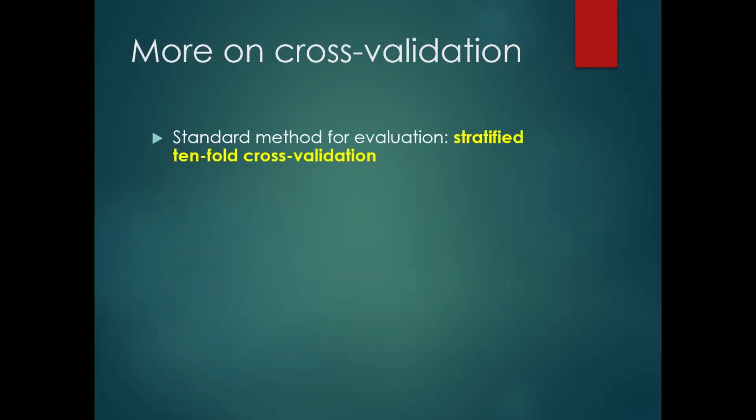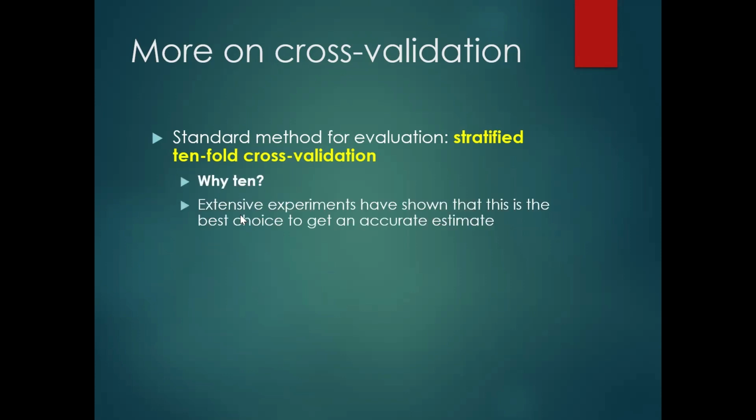Usually when it comes to cross-validation, the term we use is stratified 10-fold cross-validation. If you ask me why 10, it's commonly used. Extensive studies show that most of the time 10-fold cross-validation works. And stratification means the class distributions should be the same when you divide data into folds.